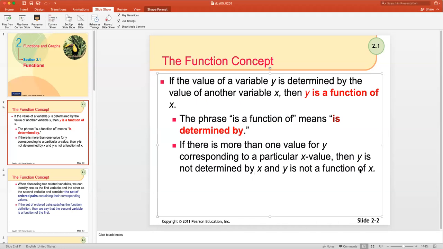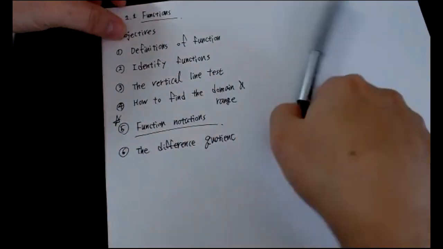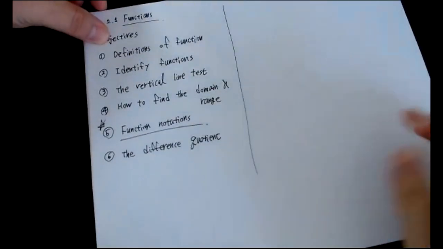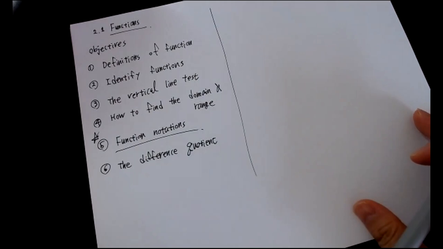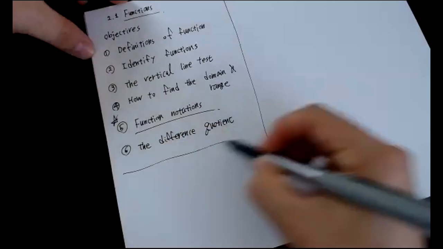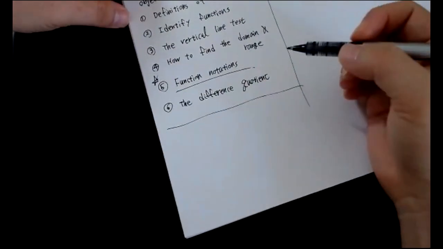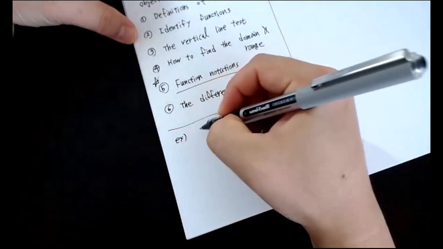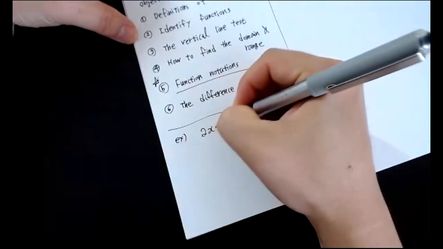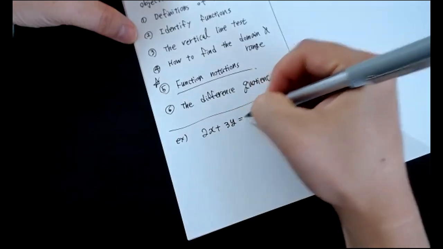Let me give you an example for this one. We learned the linear function, right? That is a linear equation with two variables. So think about this: 2x plus 3y is equal to 1.